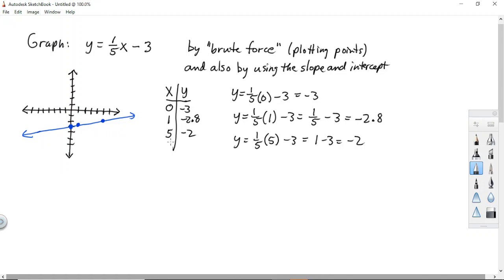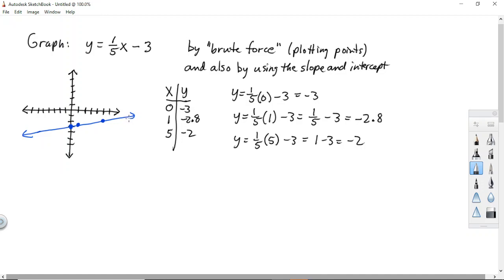Now, it's important to realize this brute force method can be used to graph any function, any equation. With a line, it's simple because we only need 2 points.